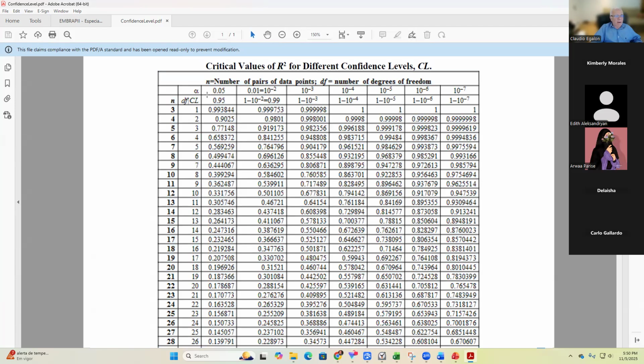You have to remember the values of the confidence level. Here you're seeing only values between 0.95 and 1 minus 10 to the minus 7. But further to the right of the table, what's going to be the last value of the confidence level? 100%, yeah. It's going to be the number 1, which is 100%.